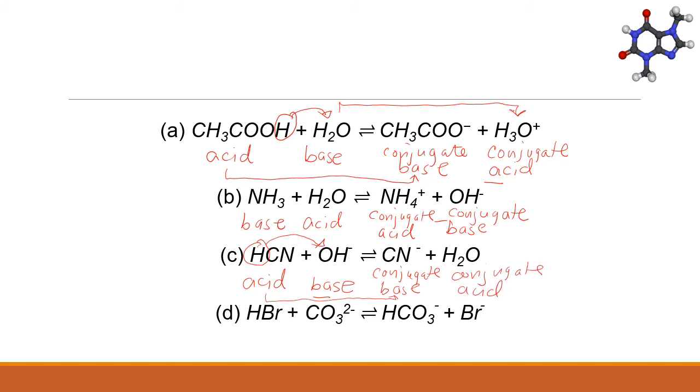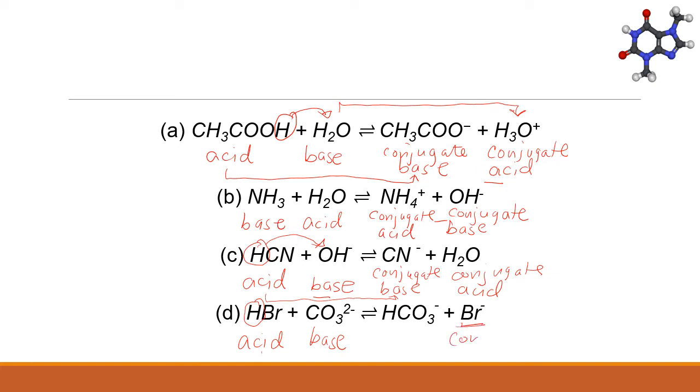In this reaction, we see that hydrogen bromide has an H to donate. So this must be the acid, which makes this the base. So when hydrogen bromide donates its hydrogen, what's left of the reaction is the bromine ion.